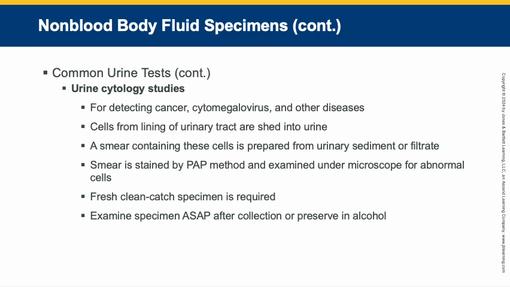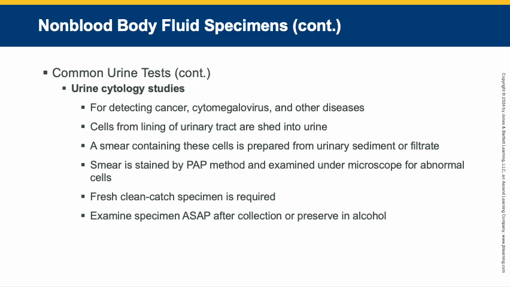Okay, urine cytology studies. Cytology is a different part of the lab. They have cytology and histology both in the lab. And this is detecting cancer, cytomegalovirus, and other diseases like viral or inflammatory diseases of the bladder or the urinary system.